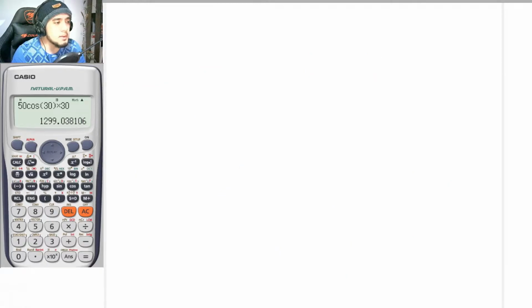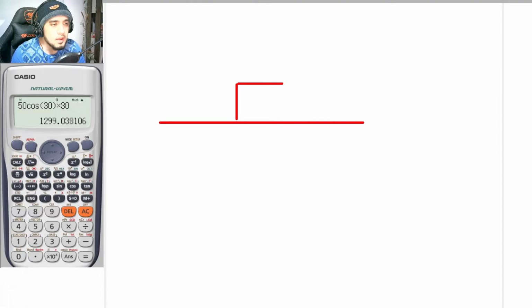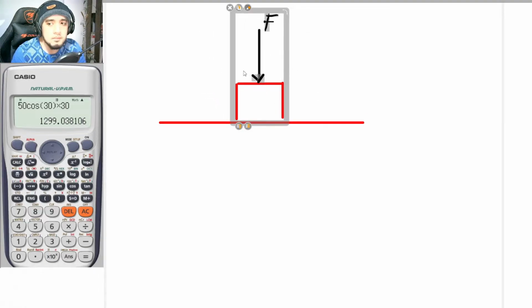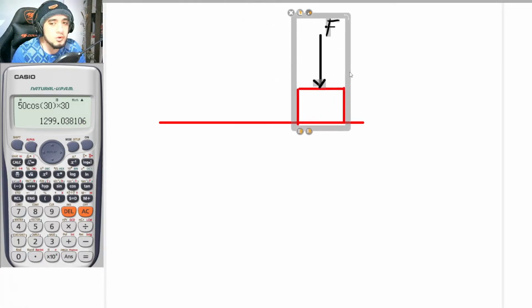Having another example here. Suppose that we have a particle, and let's say that a vertical force is acting on that particle. Let's say this is your force F. And upon the application of force F, the box moved to the right.